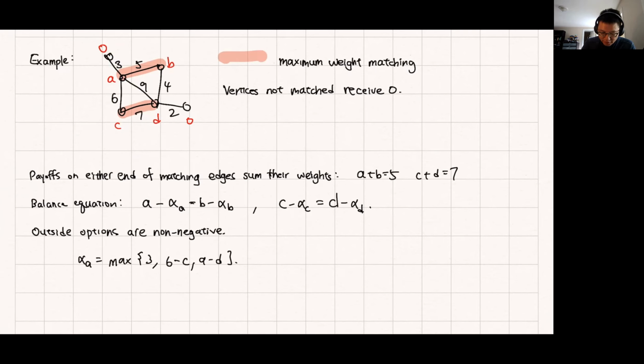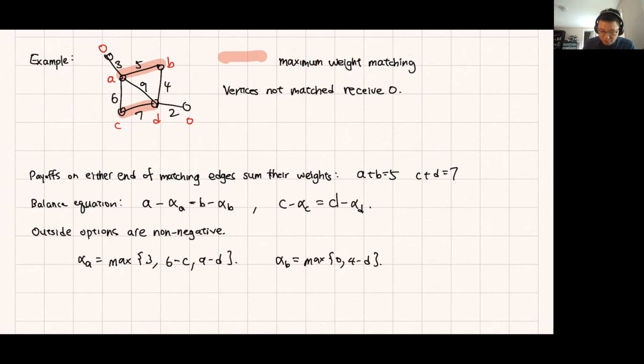All right. And then we can do the same thing for the other ones. Outside option for B, there's only one choice here. But to make sure that we don't run into problems, we want to make sure that this is a max of 0 and 4 minus D. Okay.